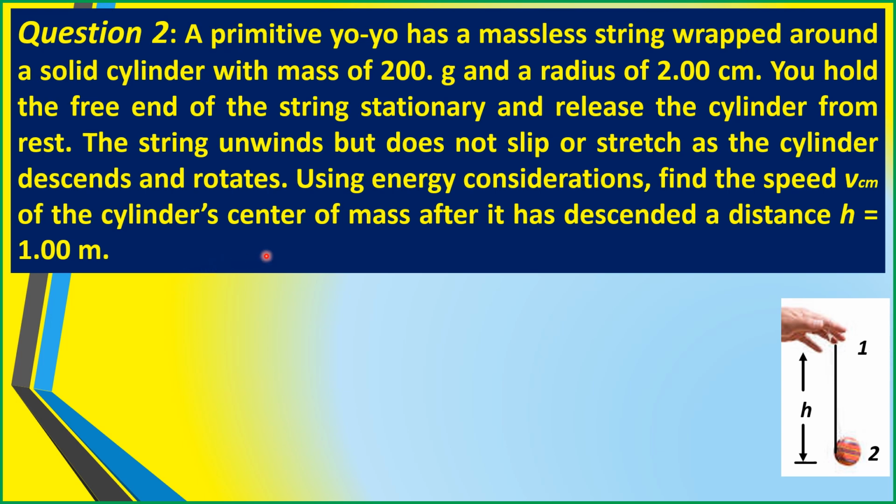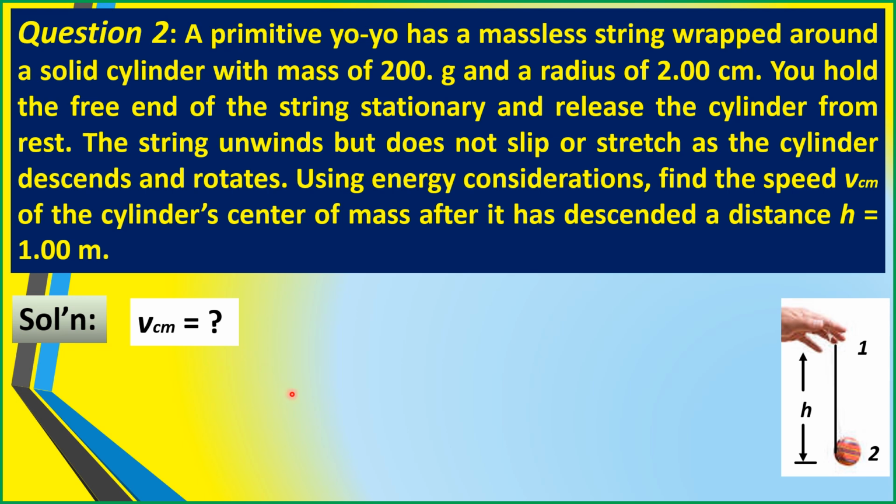Alright, so for our initial solution and analysis, v sub cm refers to the speed or velocity of the center of mass of the cylinder. So that's what we are asked to determine.